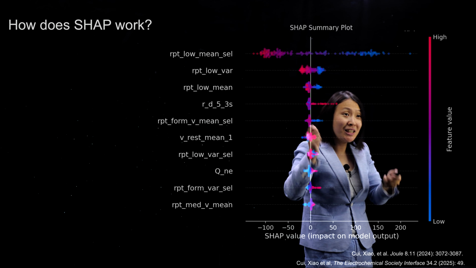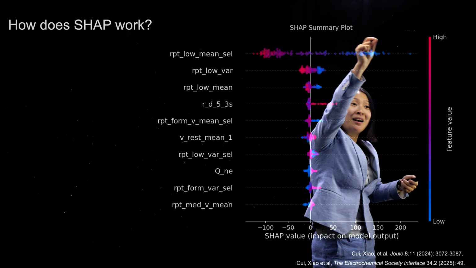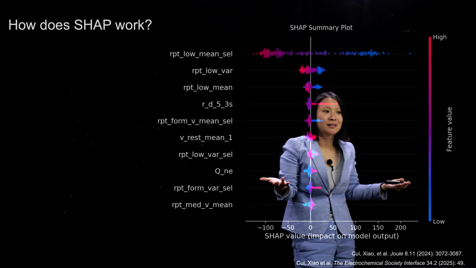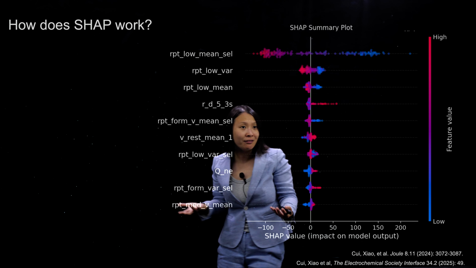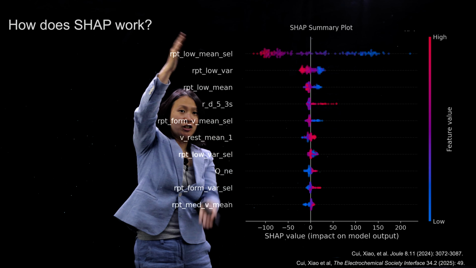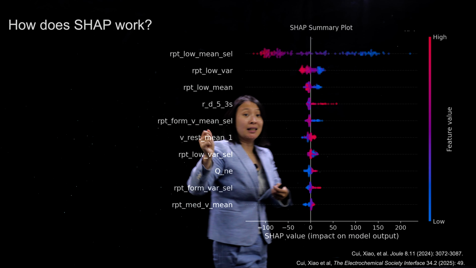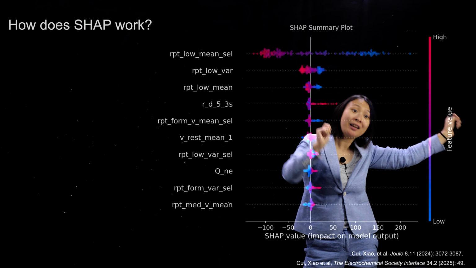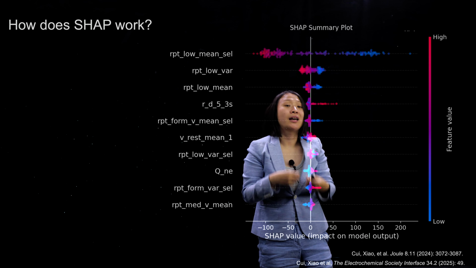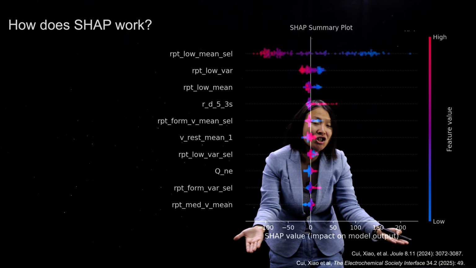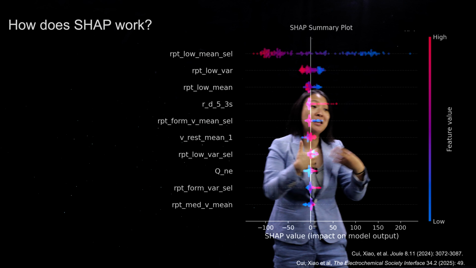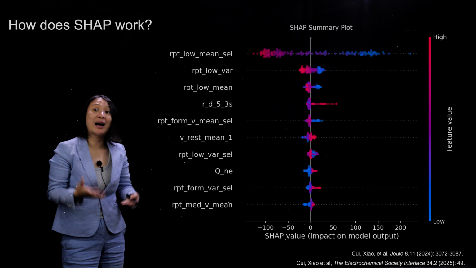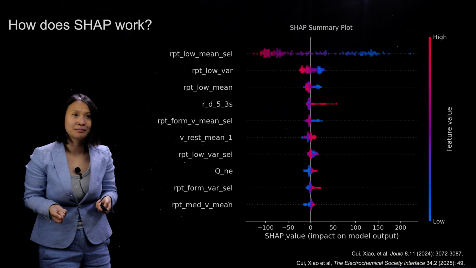Each battery cell becomes a single point on the figure shown here in this summary plot. So you see this is very informative. It tells us the feature importance ranking. It tells us whether each feature impacts the prediction outcome negatively or positively. It also gives a quantification of how much the individual features impact the model output. So it's really handy for us to understand how our predictive model behaves.